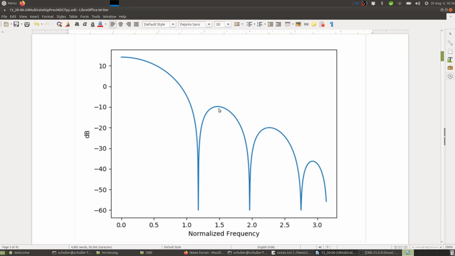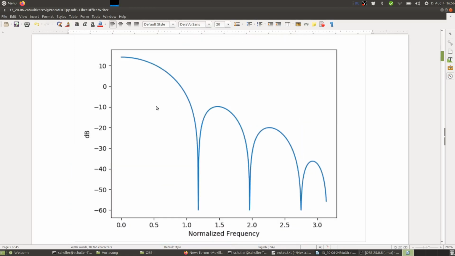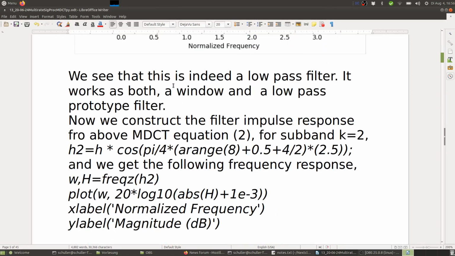And we can see the stop band compared to the passband is maybe 25 dB attenuated. So it's not great, but it's much better than before. And also we can see that the attenuation grows when we go to higher frequencies. So this is also an advantage. So we see that this is indeed a low-pass filter. It works as both a window and a low-pass prototype filter.